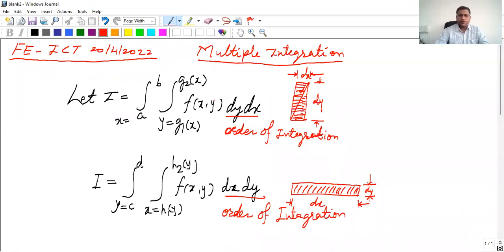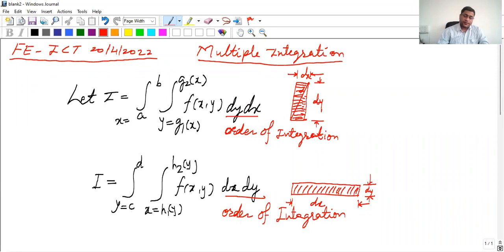You can see that when we have the order dy dx, the strip under consideration is a vertical strip. When we have the order dx dy, the strip under consideration is a horizontal strip.